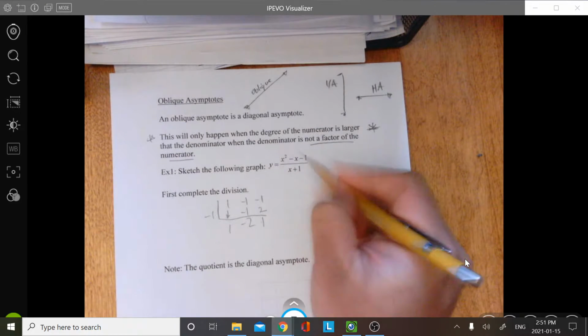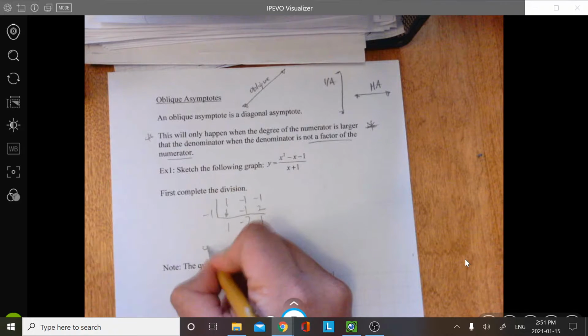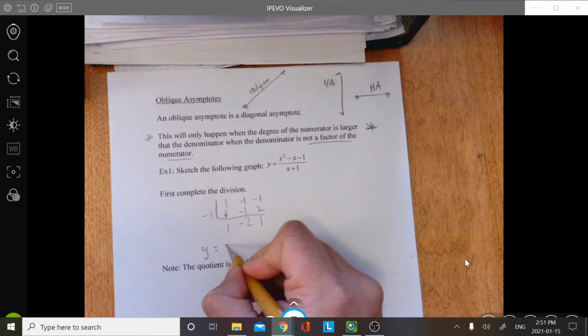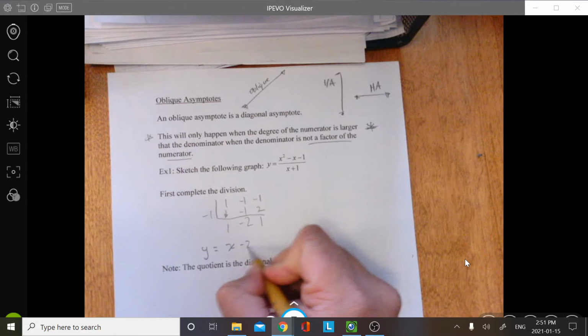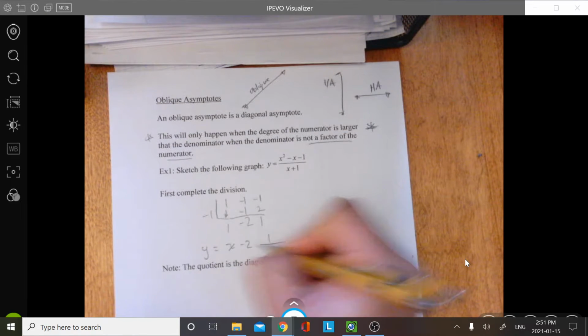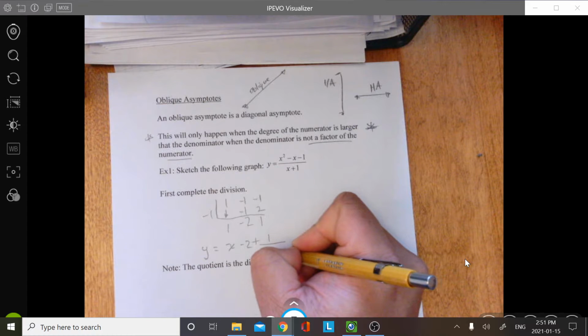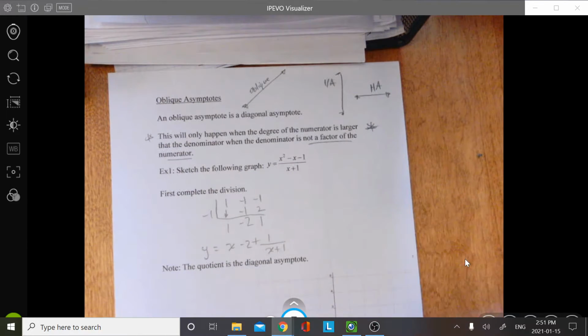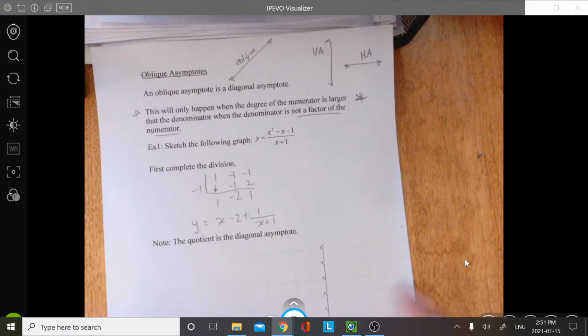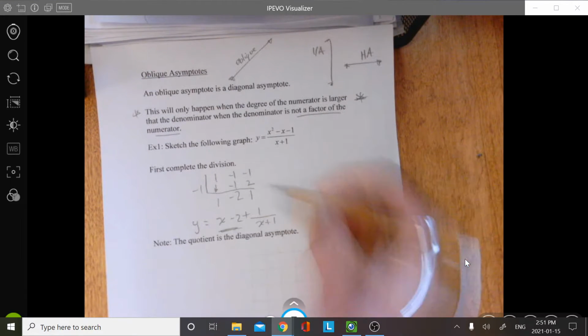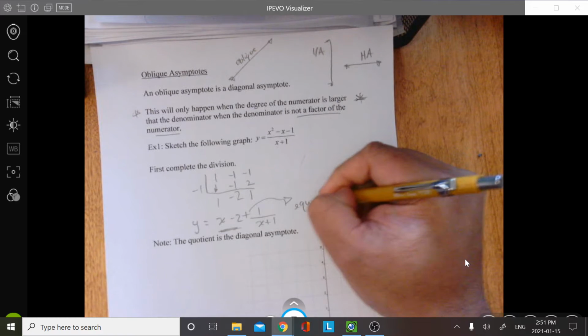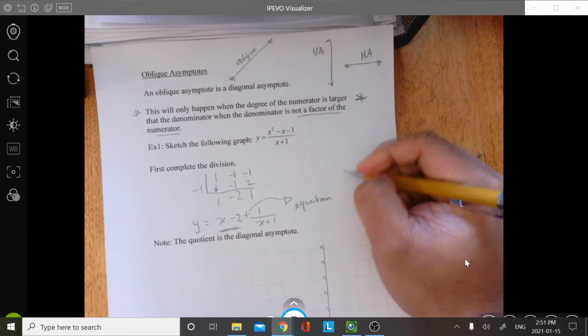So to rewrite this equation, you would get y equals x minus 2, plus 1 over x plus 1 is the factor. So really, this leftover piece is the equation of the asymptote.